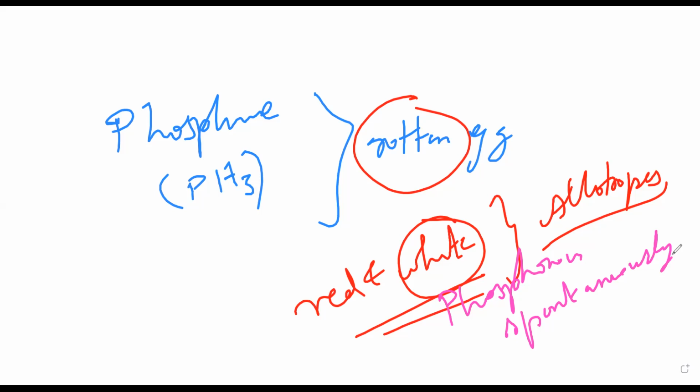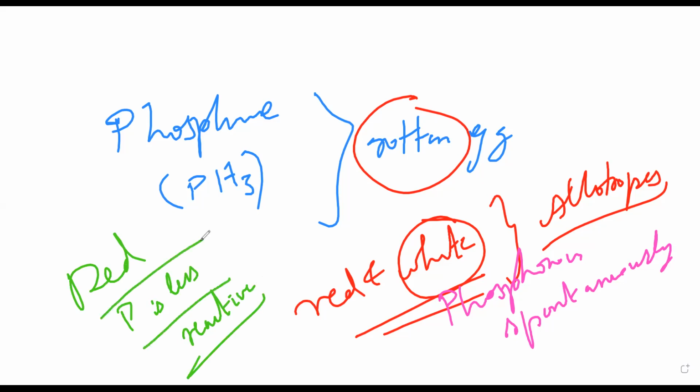Red phosphorus is less reactive. So we should know the properties of these elements. If you're studying the P block, especially from group 15 to group 18, we have to know every element's physical properties too. Maybe the allotropes also. The key here is the red and the white phosphorus.